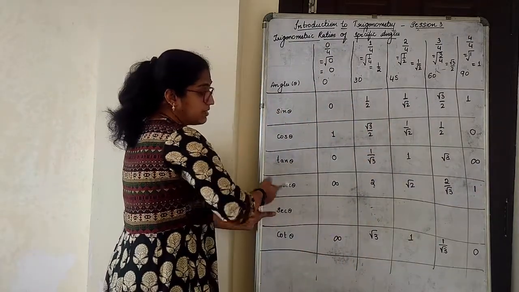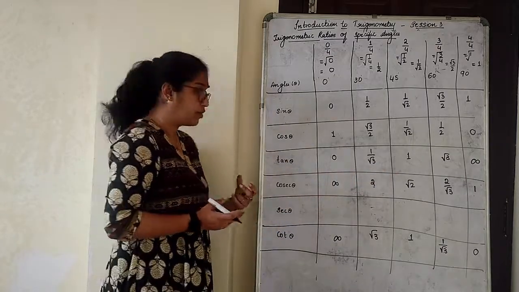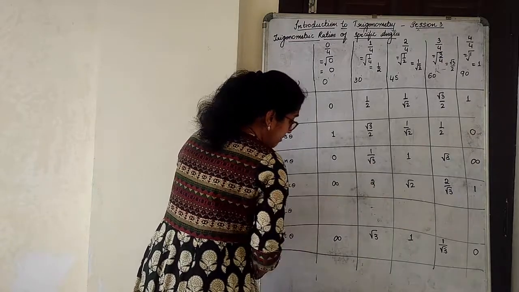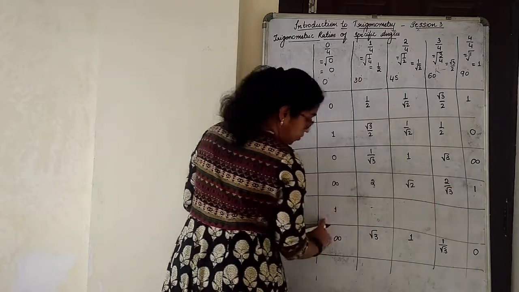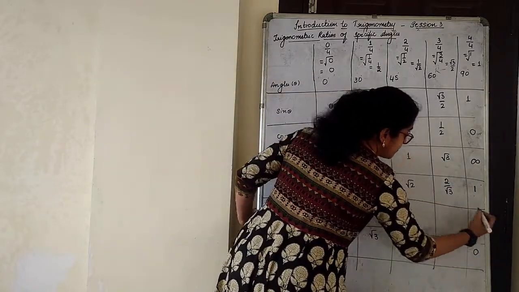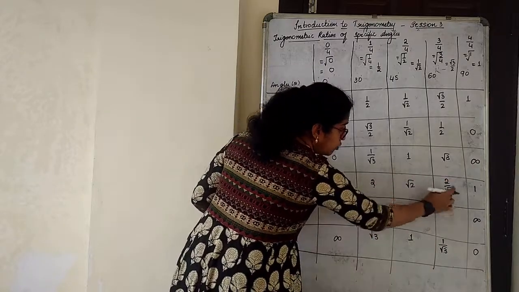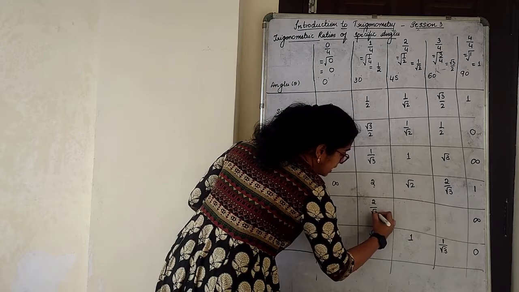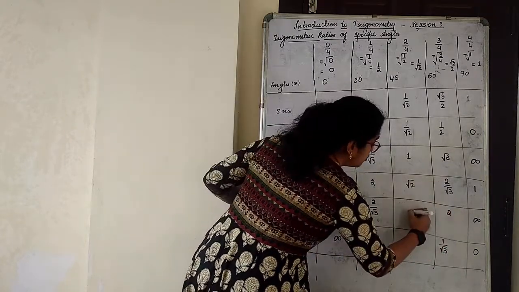Sec is just written as the reverse of cosec, or opposite of cosec, whatever we have. So, for cosec or sec, first what comes here? 1. Because infinity, 1, 1, infinity. Then, 2, root 3 by 2, 2 by root 3. So, here this will be 2 by root 3 and 2. This is going to be root 2 only.